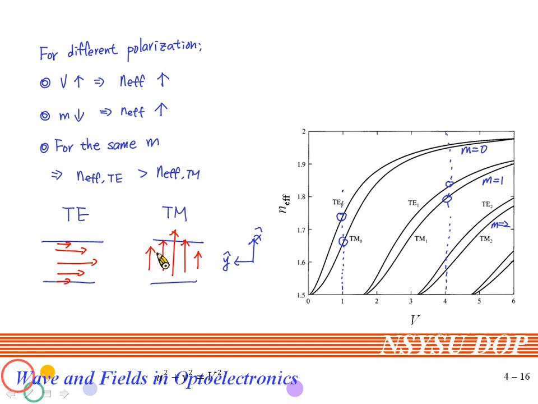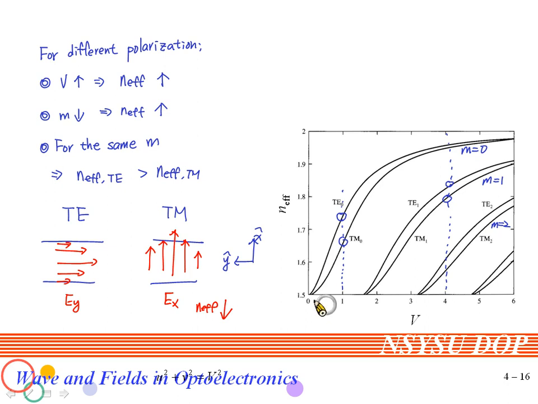So as you can see, the EY field of the TE mode is well confined in the core region, but the EX field of the TM mode will extend to the cladding region. As the field extends more into the cladding region, the NEFF will be reduced because it feels more smaller index material.